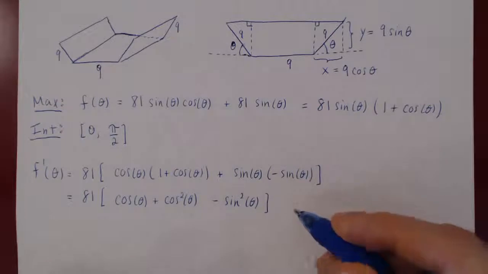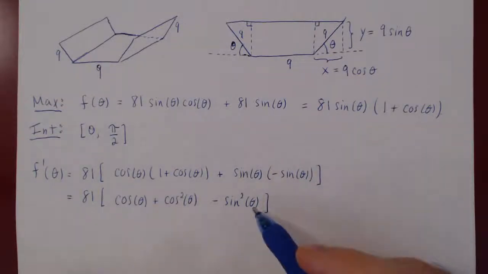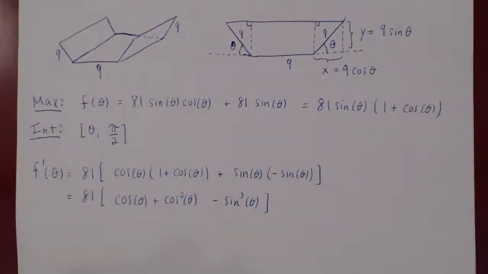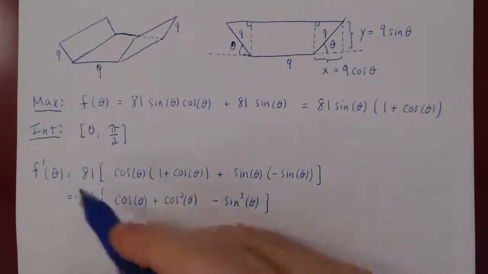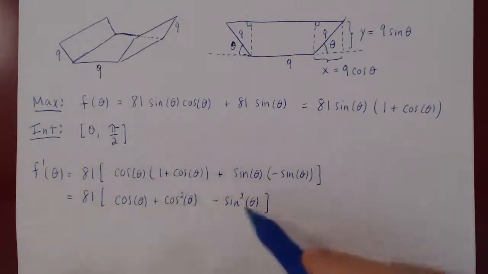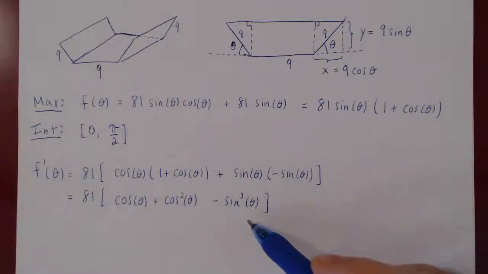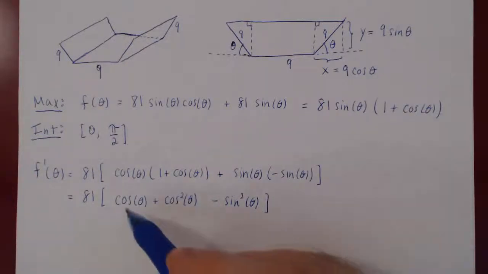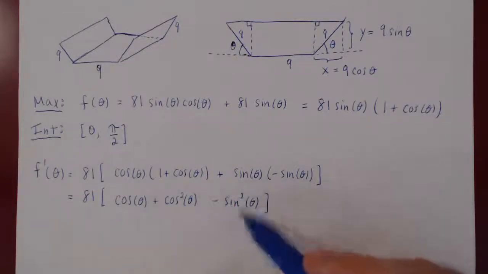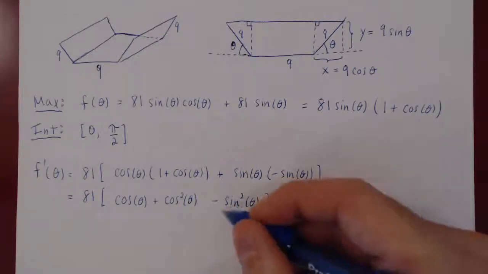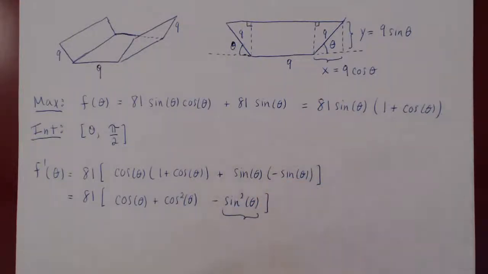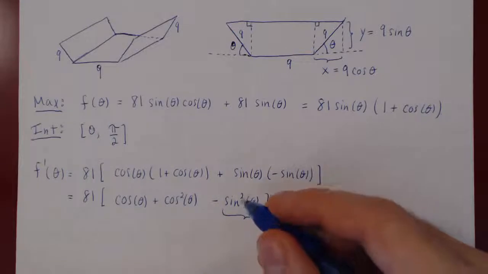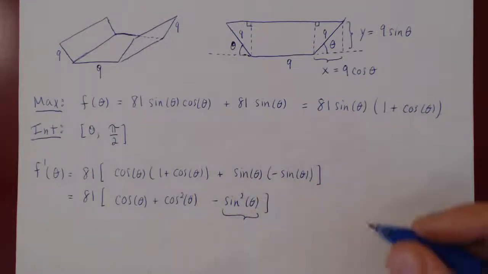And if you think of it, the derivative is always defined. So the only critical points will be values of theta where the derivative is 0. Well, it would be easier if our derivative was a function of only cosine and not also sine. But remember that sine squared plus cos squared of theta, right?